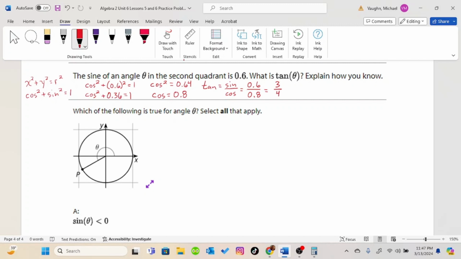But we are in the second quadrant. And in the second quadrant, x is negative. So this means that our cosine is actually going to have a negative, which means our 4 has a negative. So our tangent is actually negative 3/4.